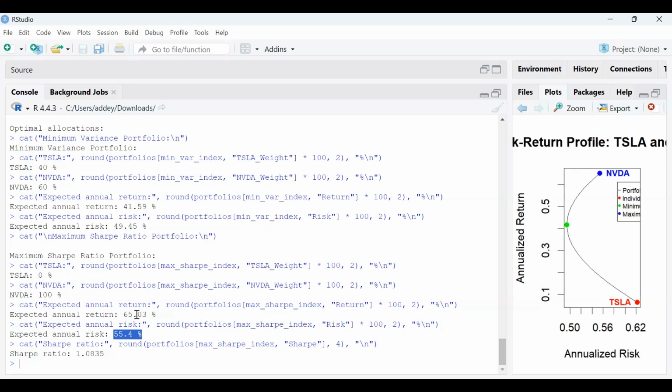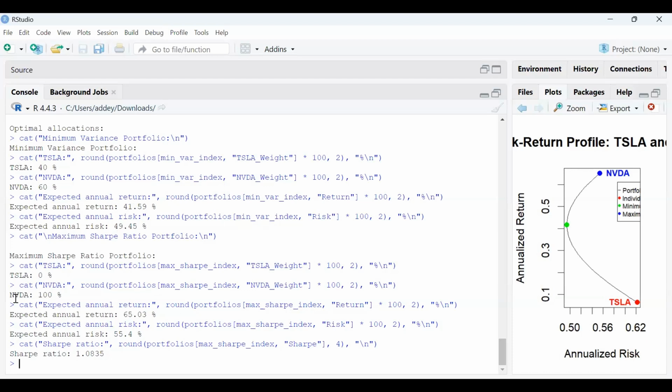And even if you want to compare the actual numbers, look at how much return increase you get in comparison to risk. What you are saying here is that on your maximum Sharpe ratio, you are getting a higher increase in return compared to the increase in risk, because what I'm seeing here is close to 24 percent, and the risk increase I'm seeing here is just about 6.